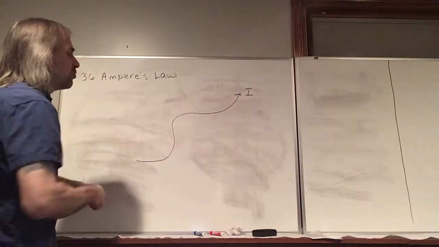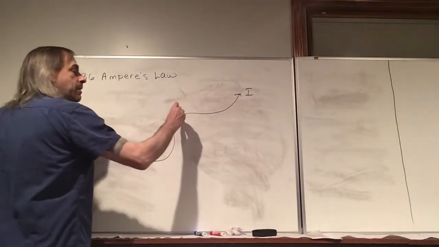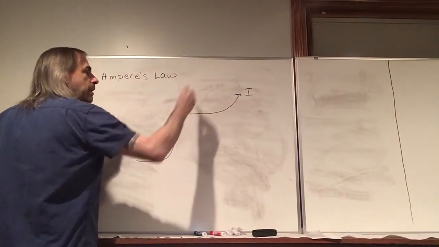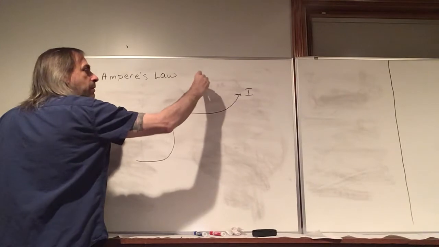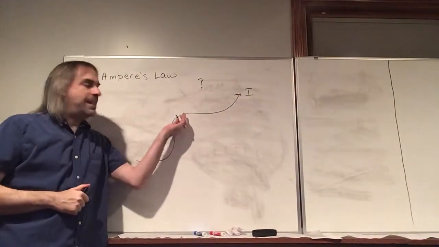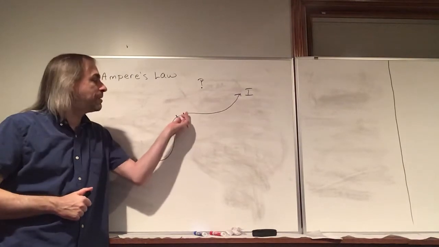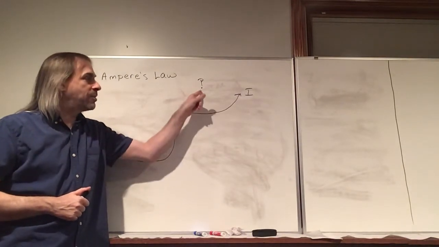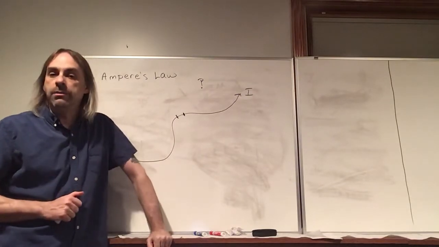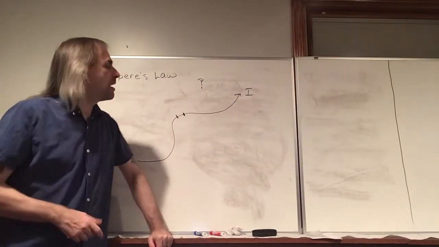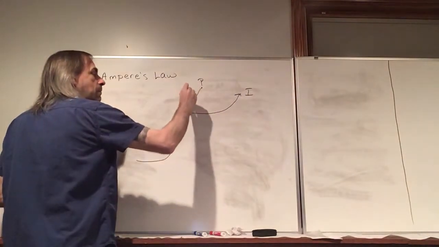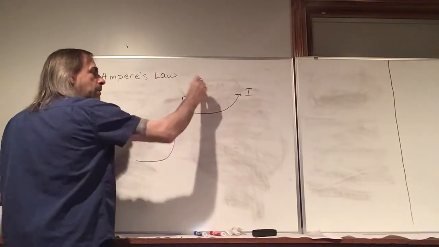What we would do for this wire is break it up into pieces. So we could look at one piece of the wire. And say we wanted the magnetic field at some point P, we could look at this segment of the wire and ask, what is the magnetic field at this location P due to this segment of the wire? It depends on a lot of factors. It depends on the distance from this wire to the point.